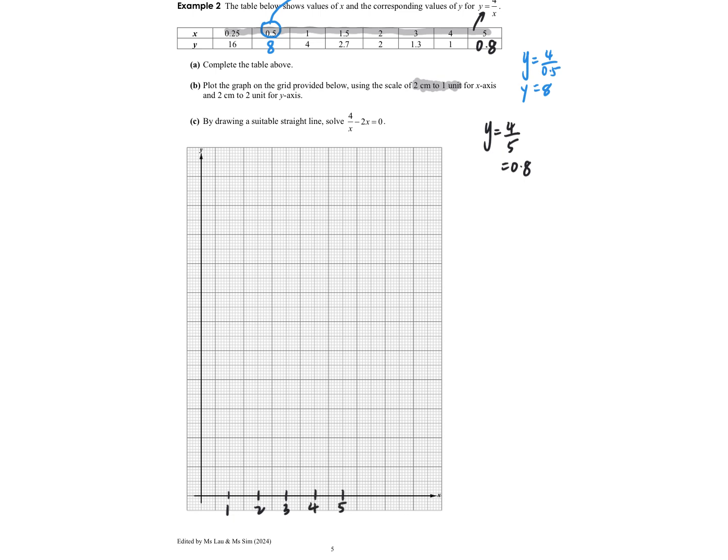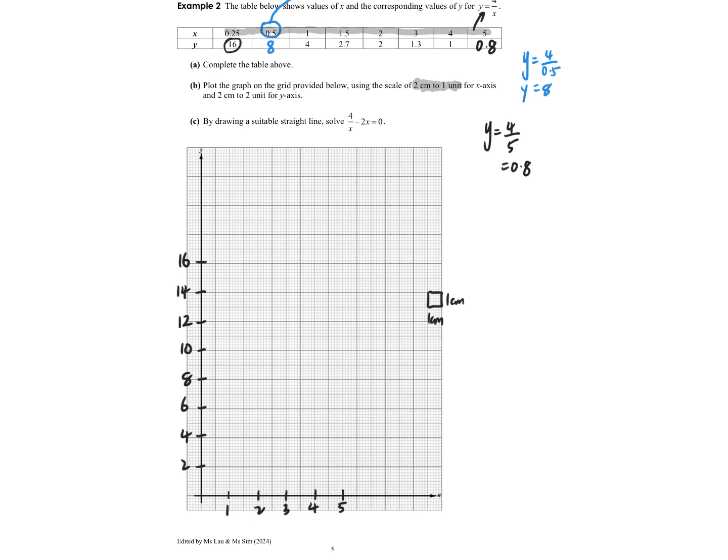So 2 cm represents 1 unit on the x-axis. 2 cm represents 2 units on the y-axis. So 2, 4, 6, 8, 10, 12. Stop when you hit 16 because the biggest number is 16. One small box is 1 cm by 1 cm by default.